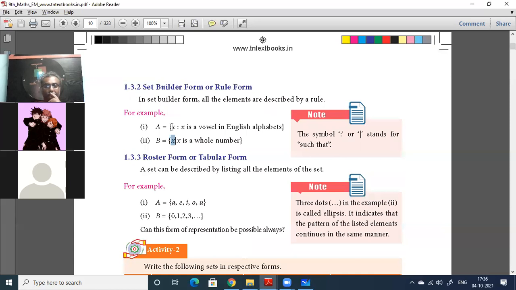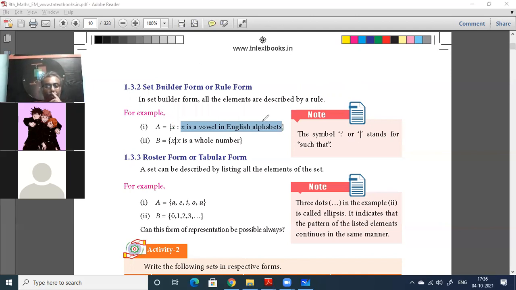You give a variable, and after you give it, you describe what that variable is going to be. Then every time that variable will be filled with all the members of the set. Only one variable, but the definition of X is giving all the elements of the set that will come into that X.